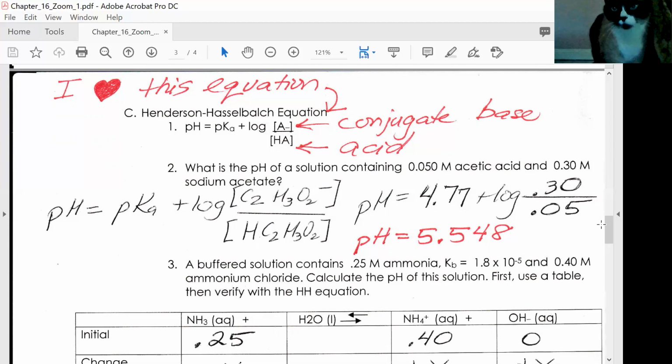We get pH equals pKa plus log. On top is acetate, on bottom is acetic acid. So our pH is 4.77 plus log of 0.30 on top over 0.05 on the bottom. We get a pH of 5.548.